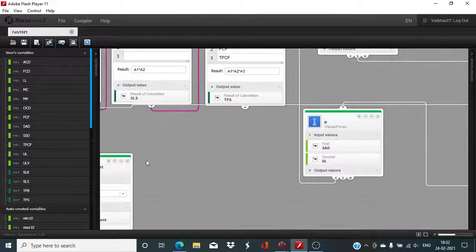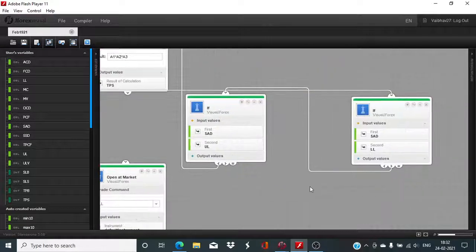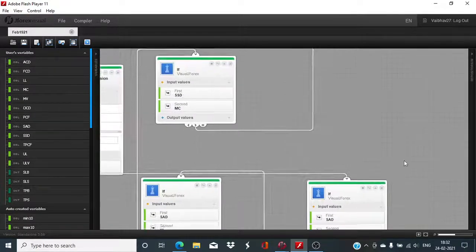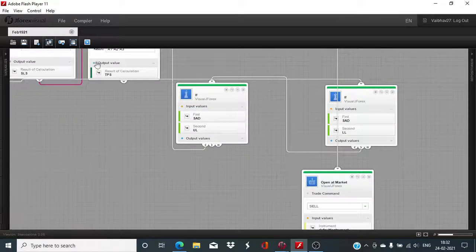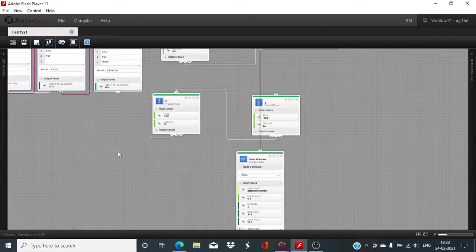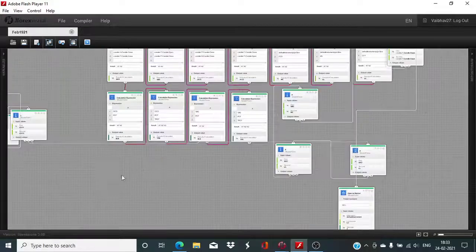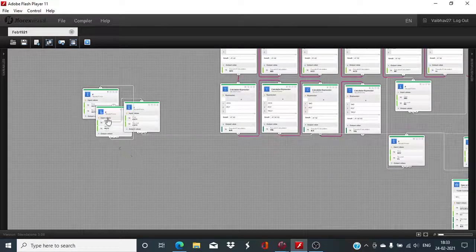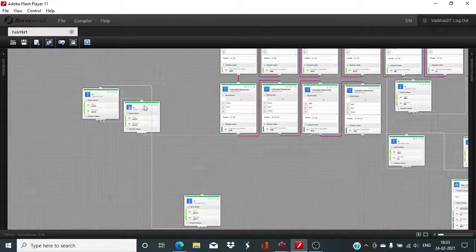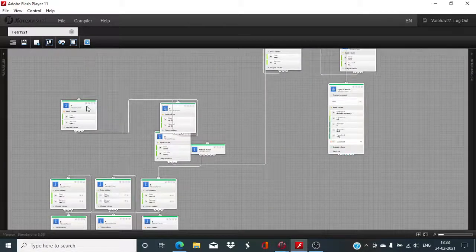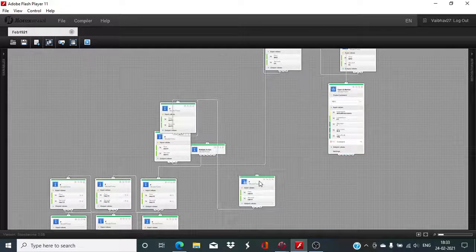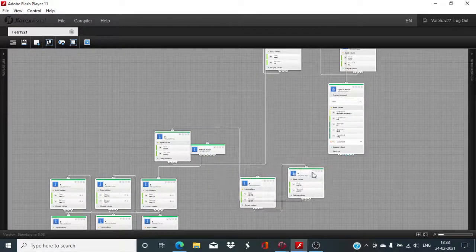So we are here done with the setup. So now we are almost done with the sell side. So we will need to arrange these blocks and join it to the multiple action.